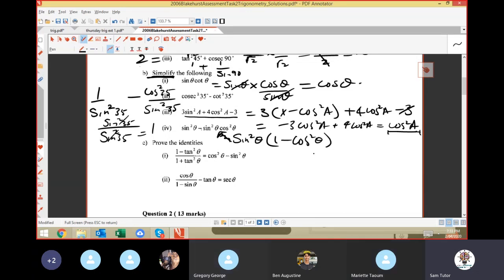What's that equal to? 1 minus cos squared is equal to sine squared. And that becomes sine to the power of 4 theta.